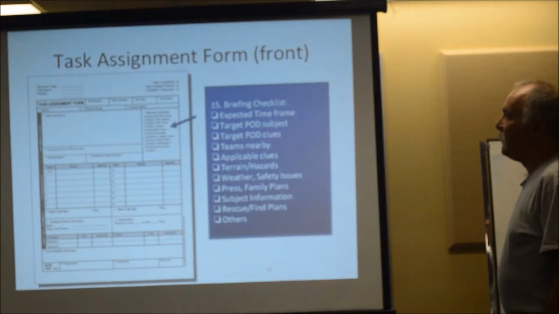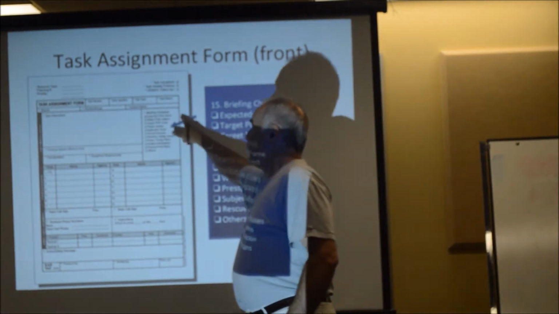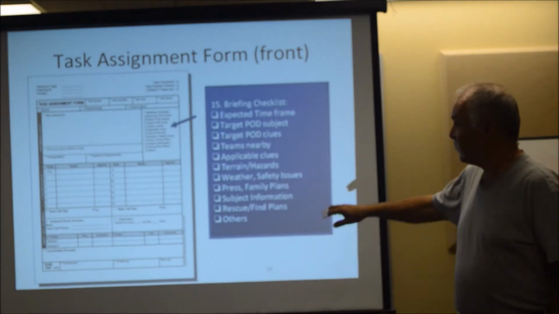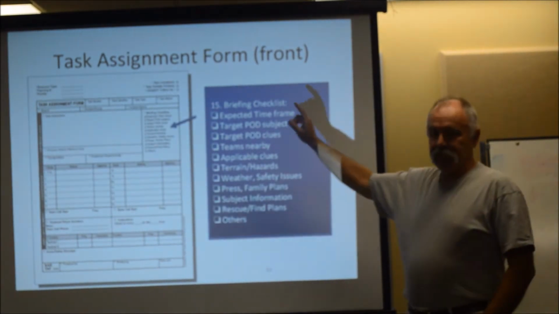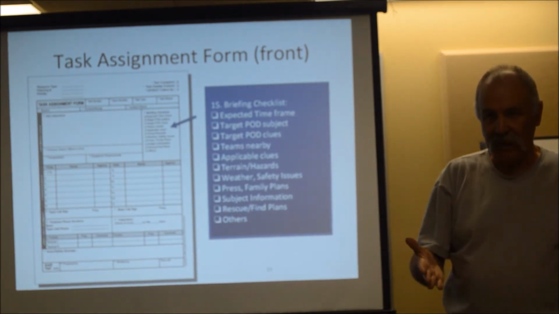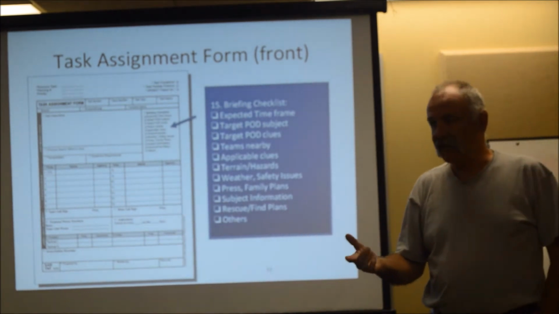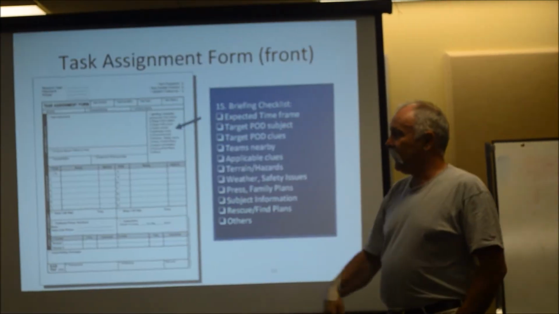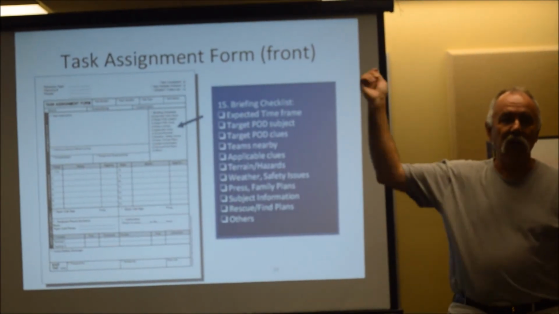So the task assignment form: here, in the right-hand top corner, is this box, which is enlarged right here. It's a briefing checklist, and it covers much of the same ground as the aid memoir. I encourage you to have a look at it. It's in fairly small print, and most people just blow by it.